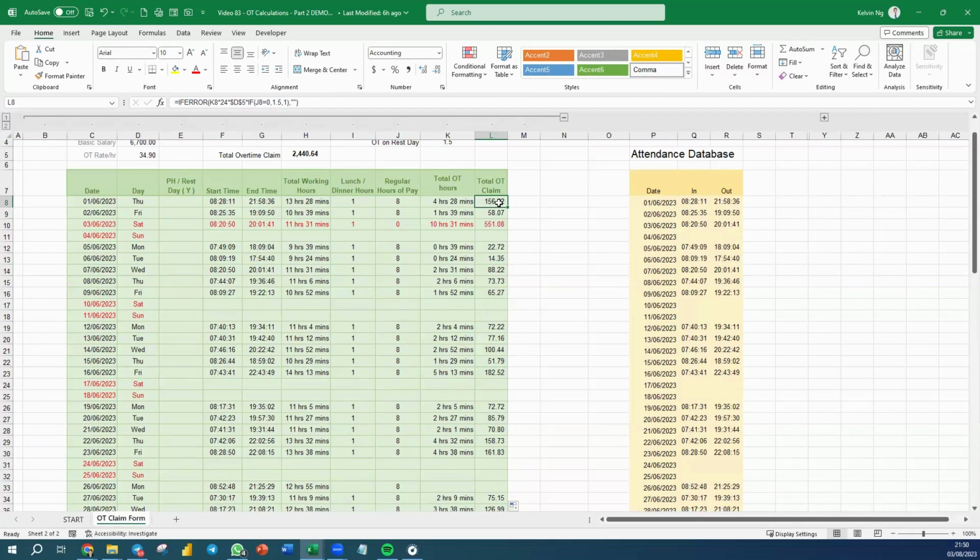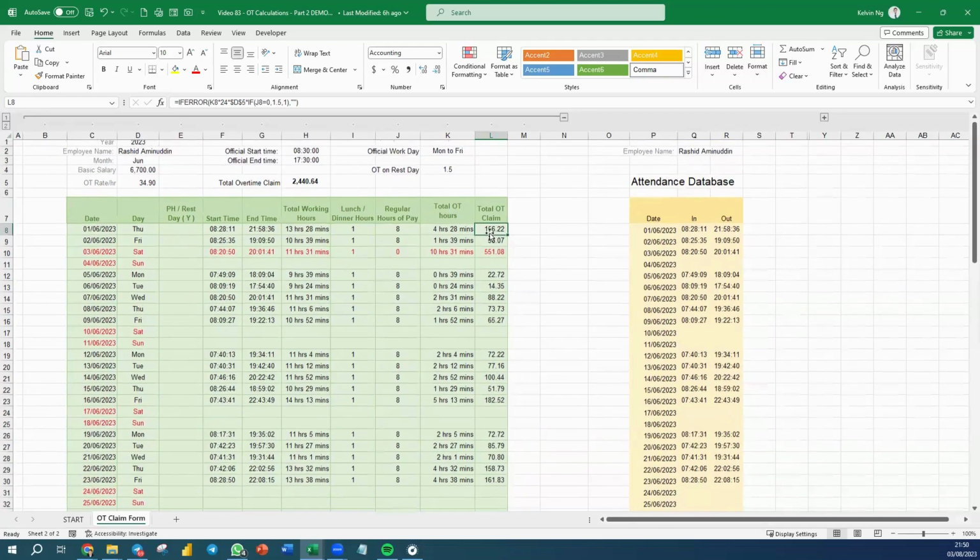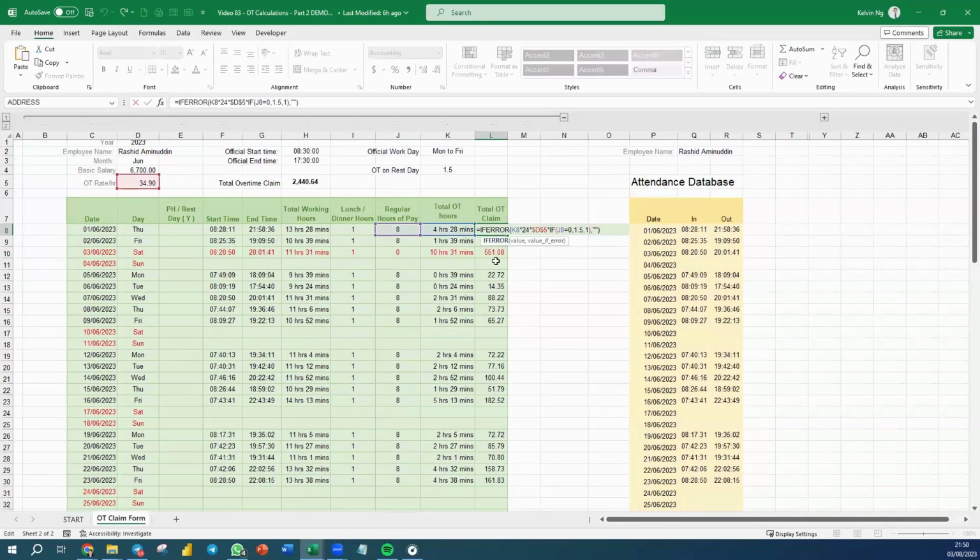However, the overtime claim can only be claimed if there is a minimum of 1 hour overtime. If it's less than 1 hour, then it is not claimable as overtime. So now we're going to write another IF inside here, for this K8.